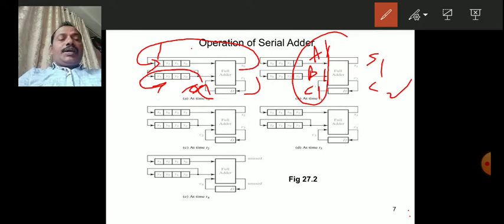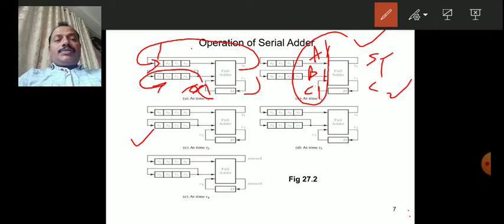And once it is there, once the clock pulse comes here, what happens at this time is this is the T0 time, this is the T1 time, this is the T2 time, that means the T2 pulse.